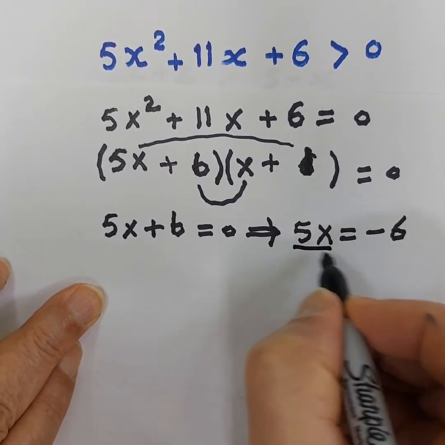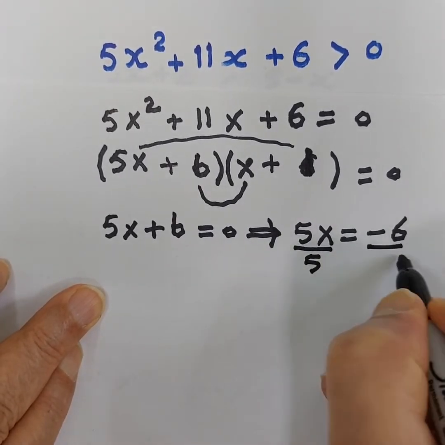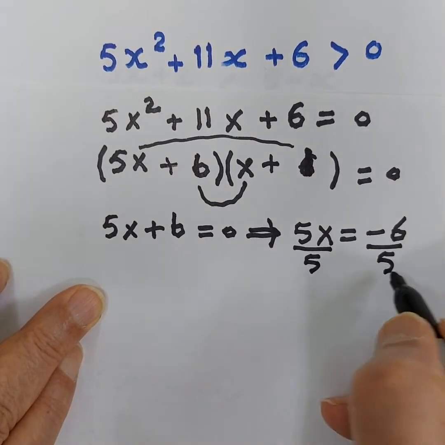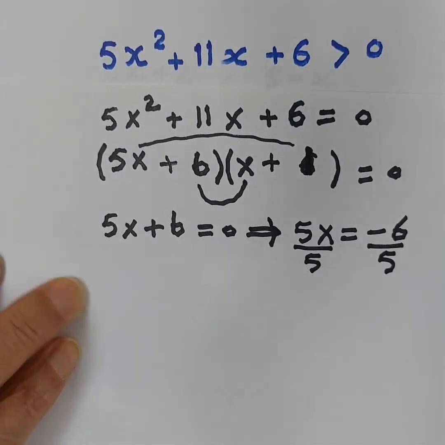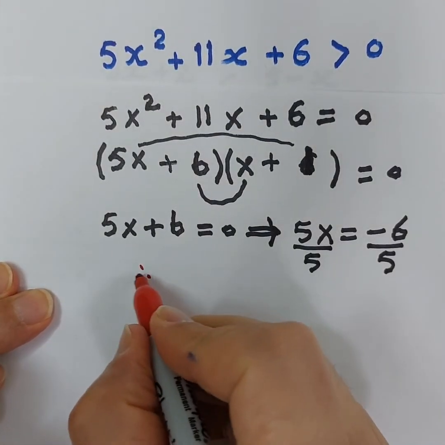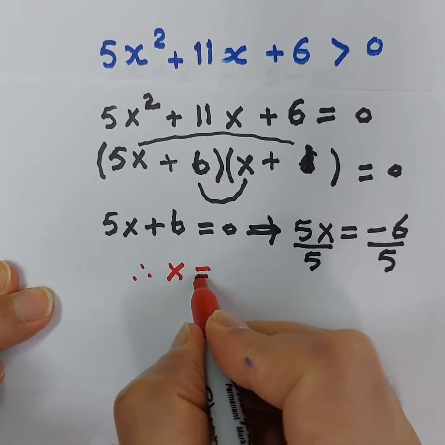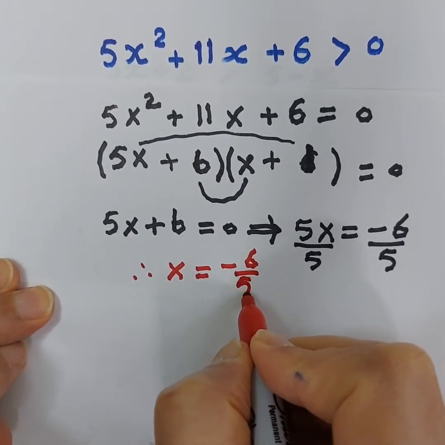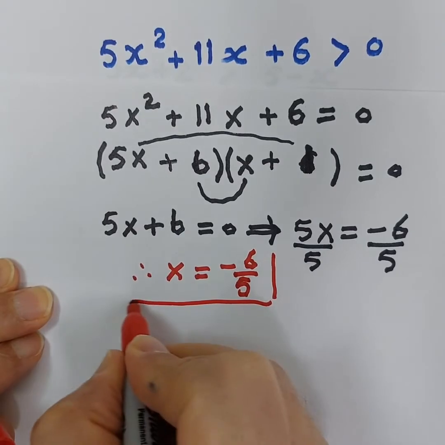Then divide by 5. So x will be negative 6 over 5. This is the first value for x. So x is equal to minus 6 over 5. This is the first answer.